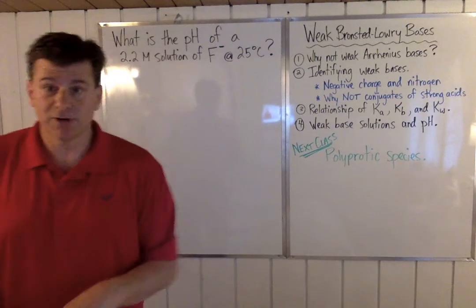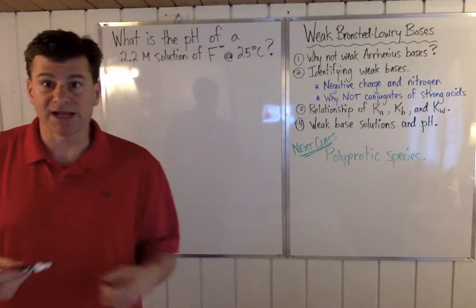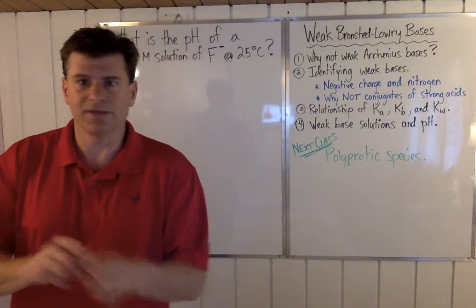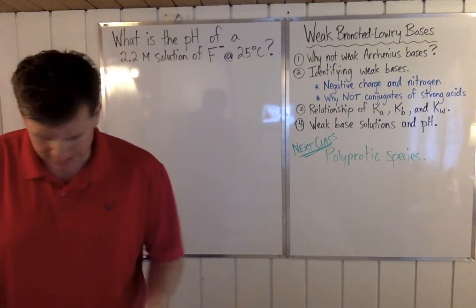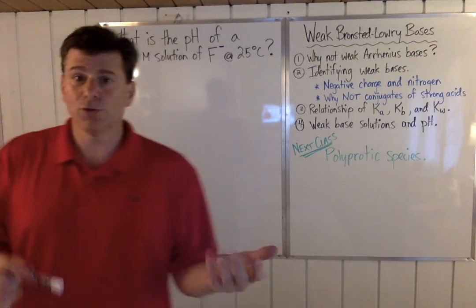Of course, I have to say 25 degrees Celsius because the table uses that 25. If I didn't say that, then the whole thing gets thrown for a loop because your Kb can't be calculated. Okay, so let's go through the steps again.